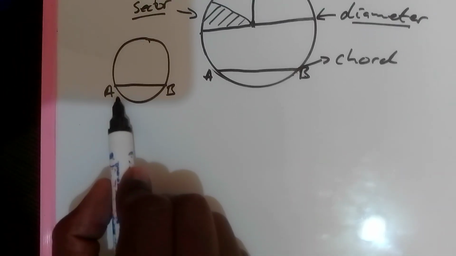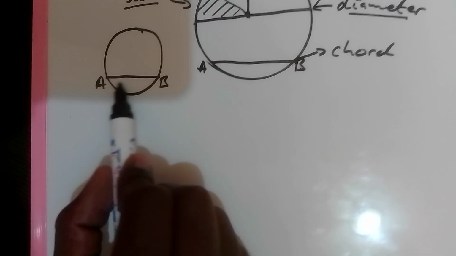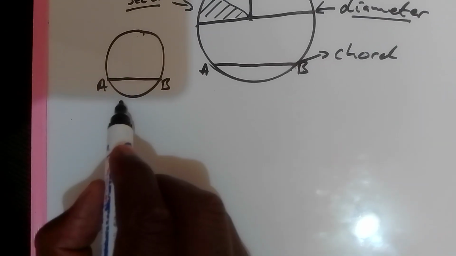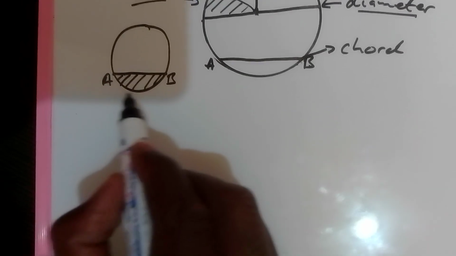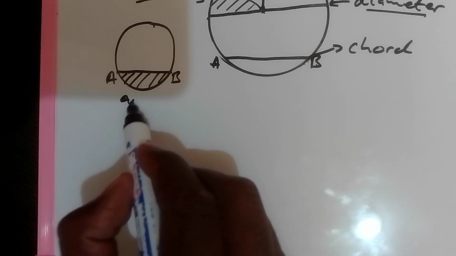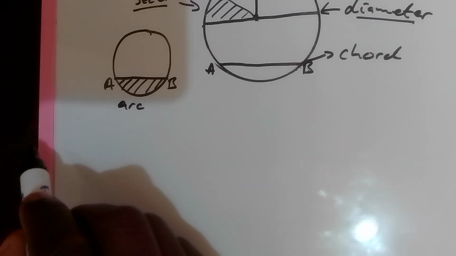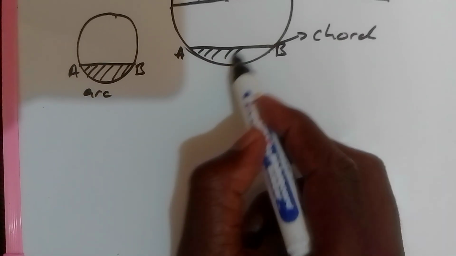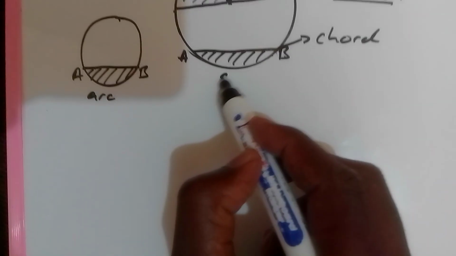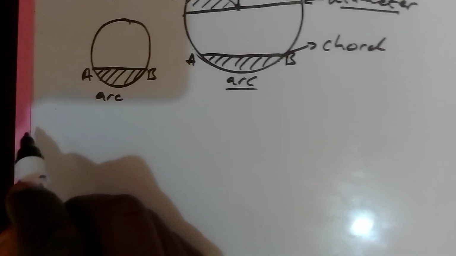Also this part here, the lower part here, this is what is known as an arc. That is what is known as an arc, right? And an arc is a word which is also used in the theorems.